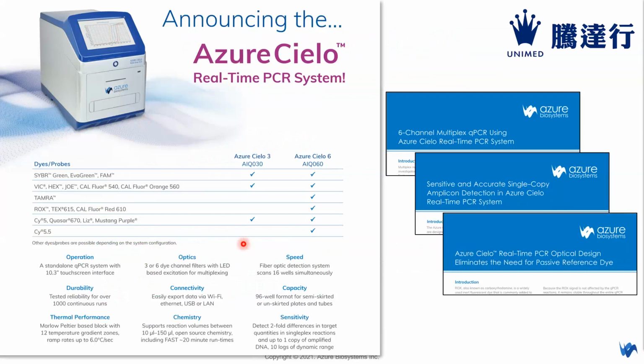Right. So here's a brochure that is simplified and shows you what is in these Azure Cielo Real-Time PCR systems: the operation, durability, thermal performance, optics, connectivity, chemistry, speed, capacity, and also sensitivity.